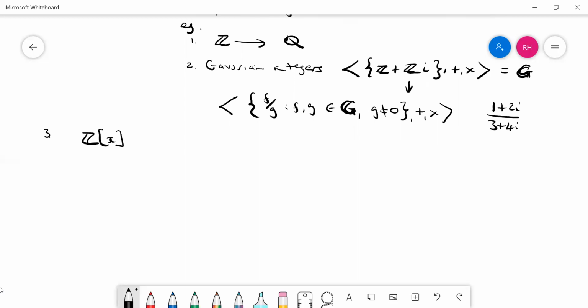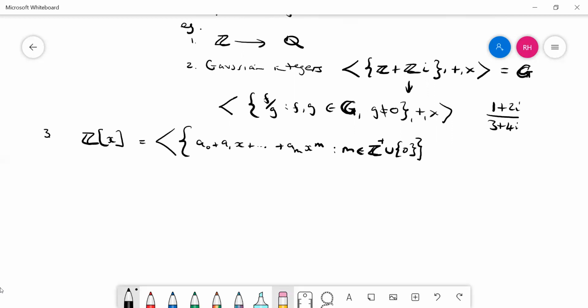This is the set of all polynomials a0 plus a1 x and so on up to am x to the m, where m needs to be a positive integer or 0.